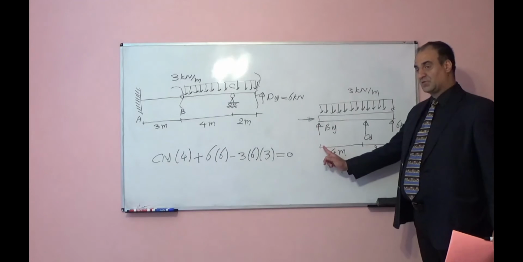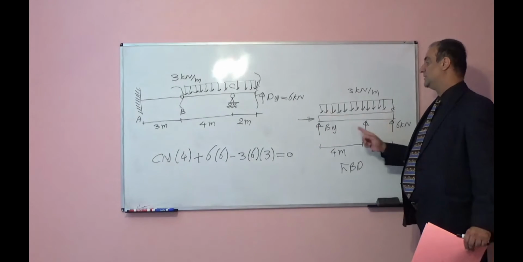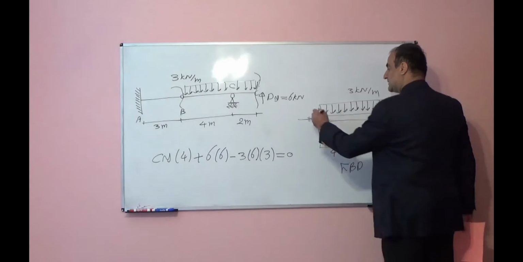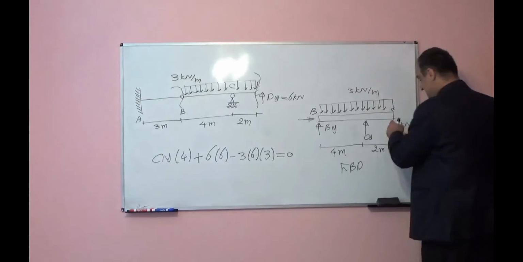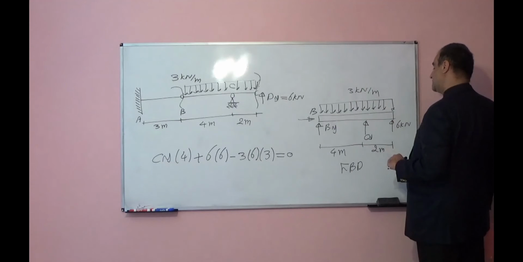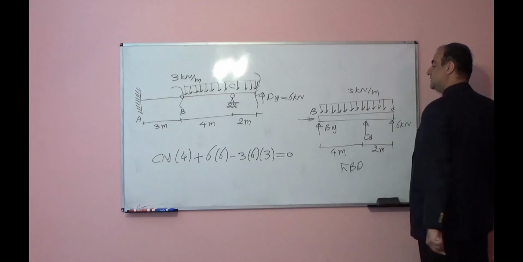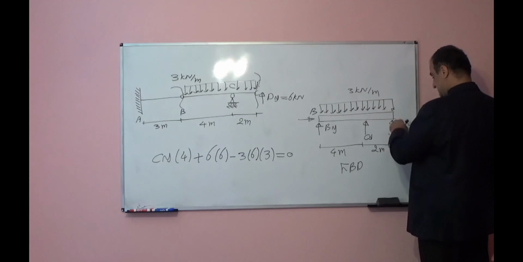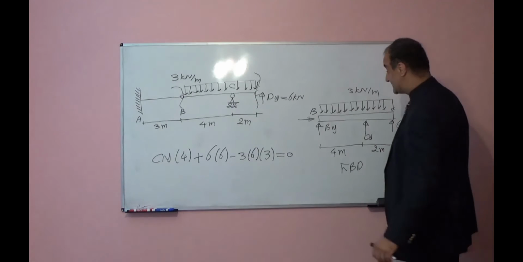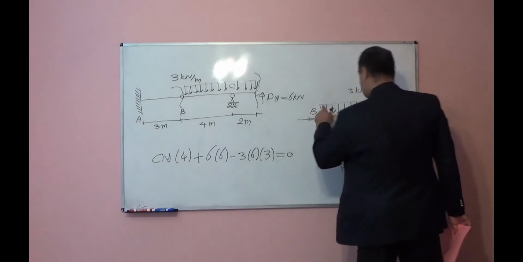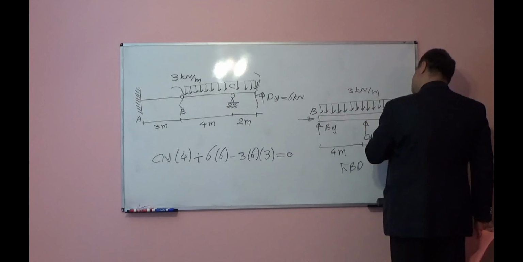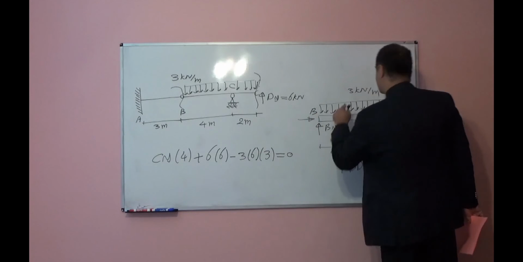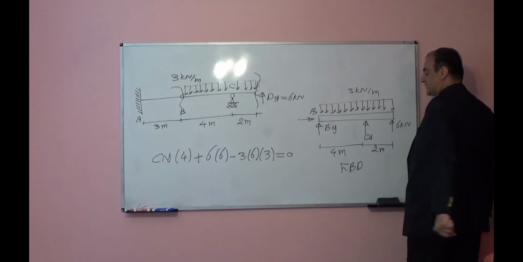Cy times 4, it wants to rotate this beam with respect to point B counterclockwise, positive, plus 6 times distance up to point B, again rotate counterclockwise, positive, so 6 times 6 minus, because this external load with respect to point B will rotate this beam clockwise, so negative 3 times the length of the load.